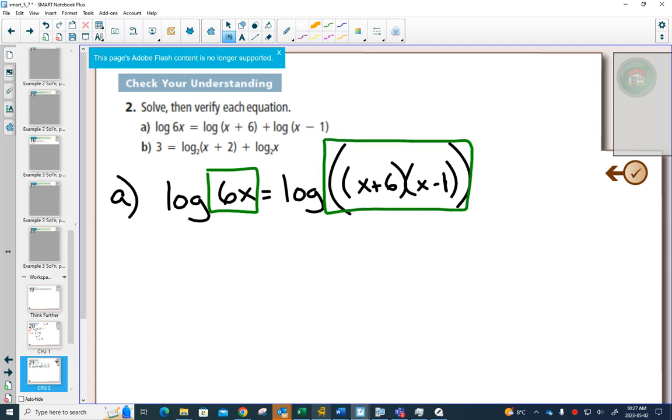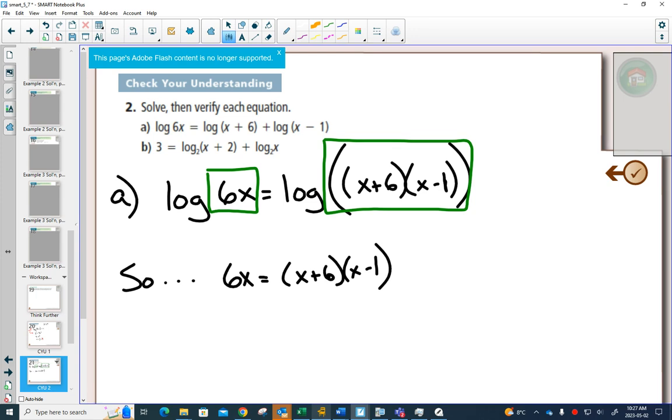What do you think I can do next? Does it make sense to you that if log of 6x is equal to log of (x plus 6)(x minus 1), then the 6x would have to equal the (x plus 6) times (x minus 1)? Do you see that shortcut?